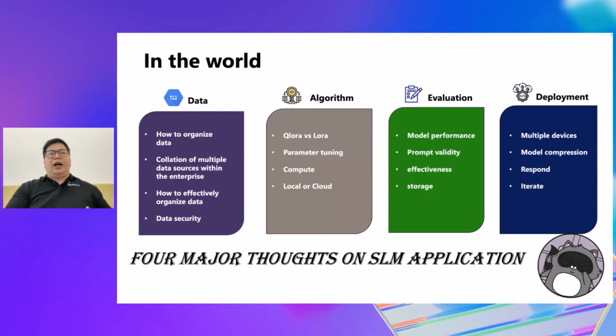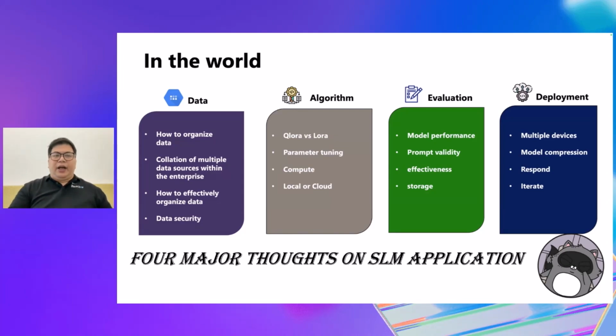Maybe the data. In the company, we have many data sources. How to organize the data to let the SLM or LLM know your business is very important, because we know that LLM or SLM don't know your business if you don't give the data, or give it through fine-tuning or RAG applications.